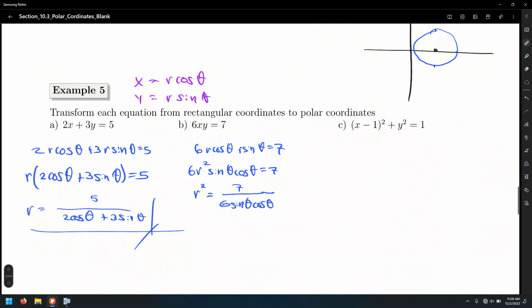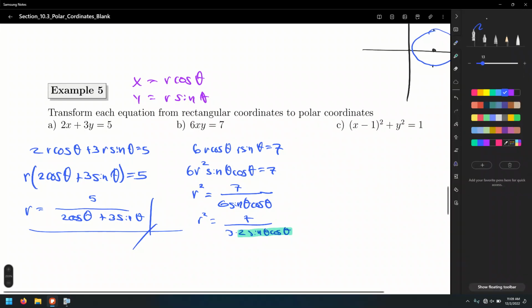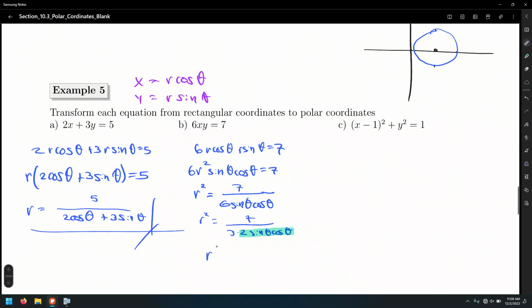Because 6 is the same as 3 times 2, we have 2 sine theta cosine theta, which is the double angle identity for sine 2 theta. You don't have to go all the way to this, but why not?